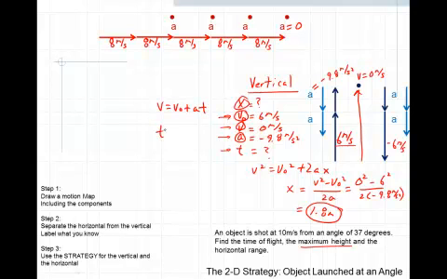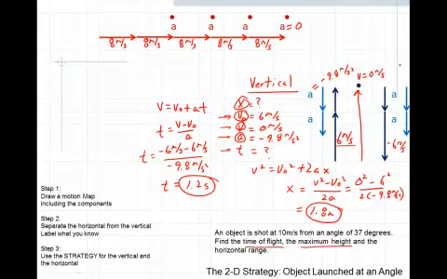Solving that for t, I would then get v minus v initial divided by a. And so t would equal negative 6 meters per second minus 6 meters per second over an acceleration of negative 9.8 meters per second squared. And that would give us a time of 1.2 seconds. That would be the time of flight.